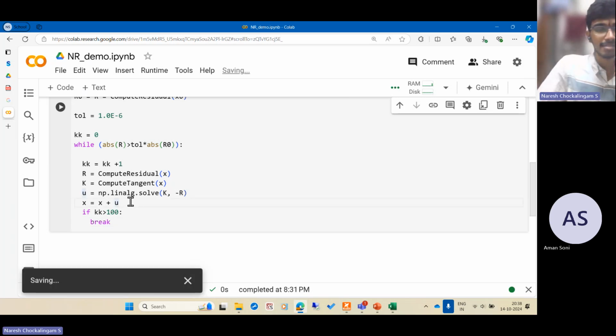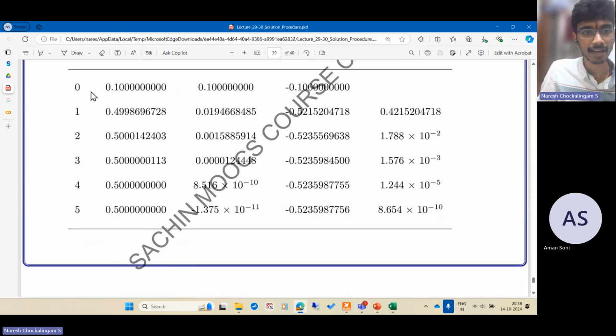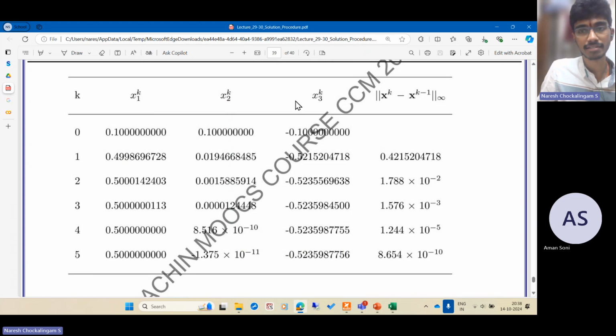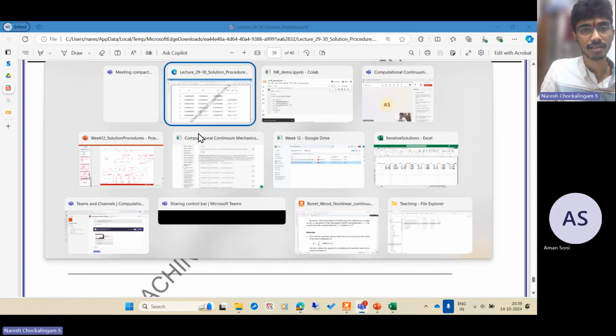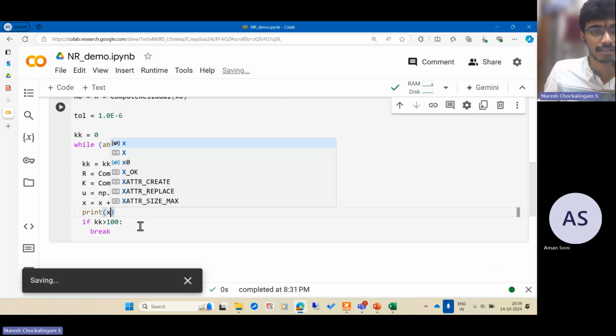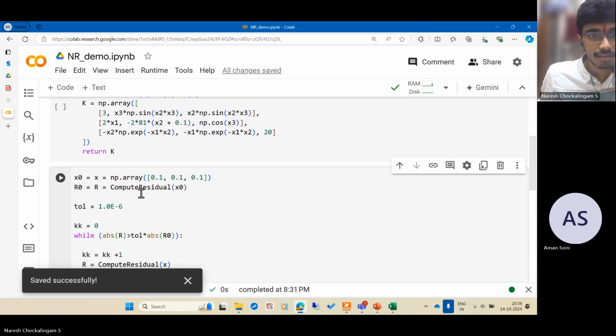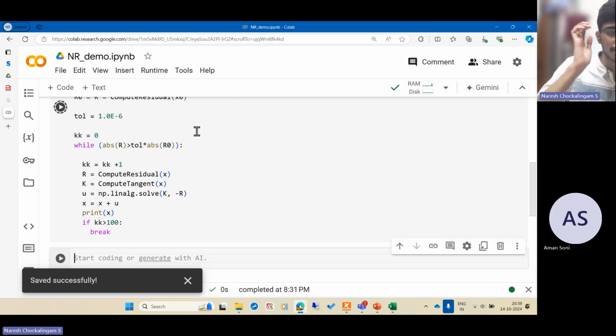And in every iteration, let me print. They have printed K, X1, X2, X3, and this norm. Let's just print X. So this is done. We can run it and see what it does.